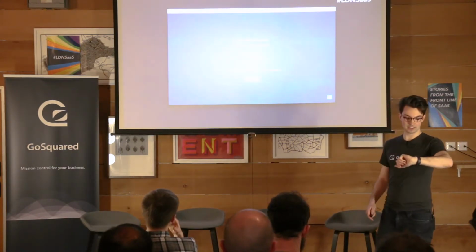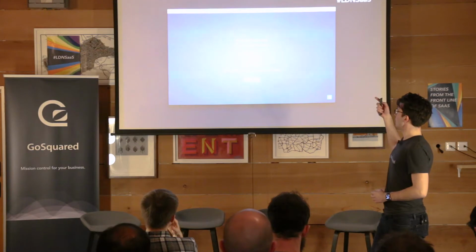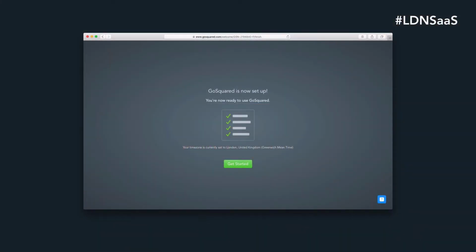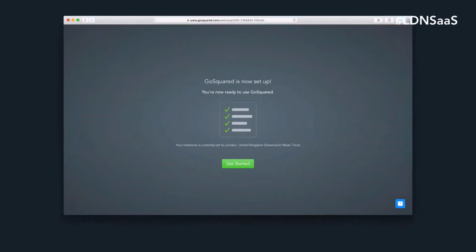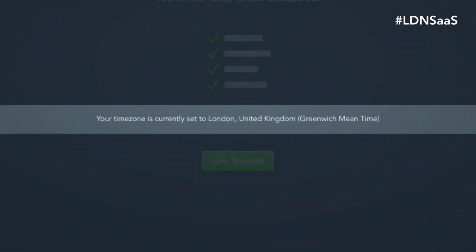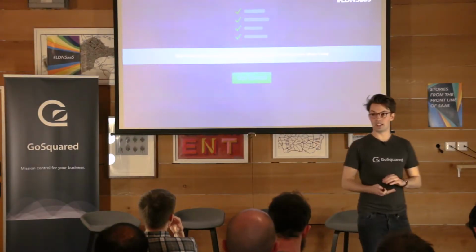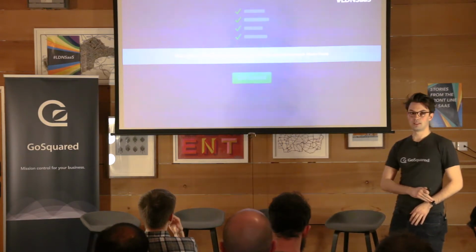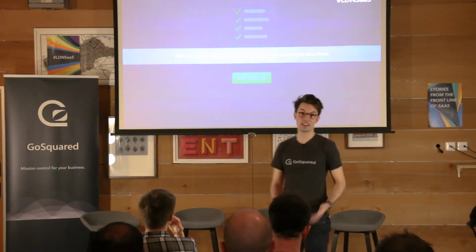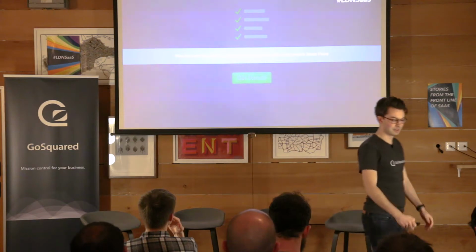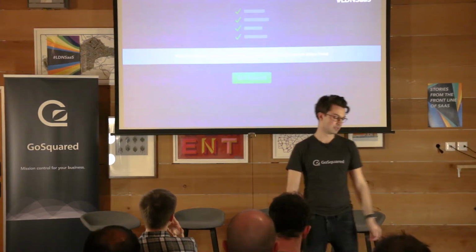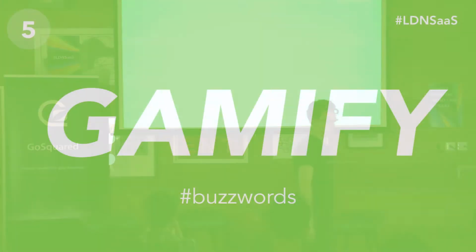And that used to be a step, and some number of people got confused by that. Instead, we automatically detect it. Magical. It's not perfect, sometimes it gets it wrong, but 95% of our users, probably more than 99.9%, don't need to worry about that step, and more of them get into the product, which is great. Step 5, gamify.